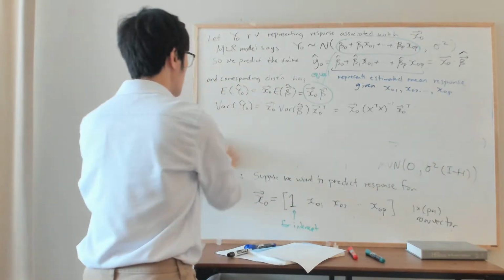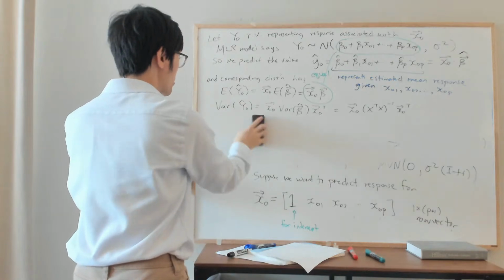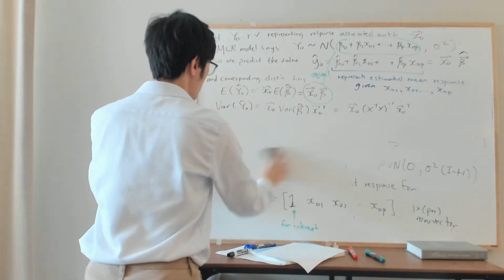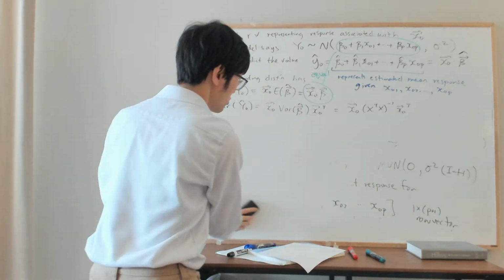And again, we can say that y0 hat can be expressed as a linear transformation of the y's, which are multivariate normal, so this is a normal distribution.